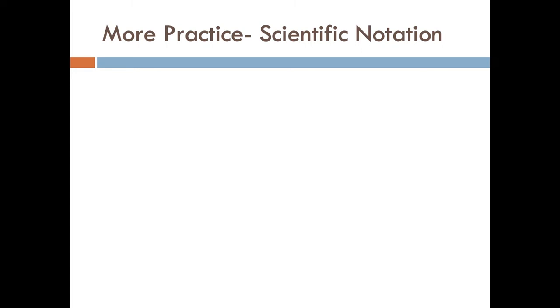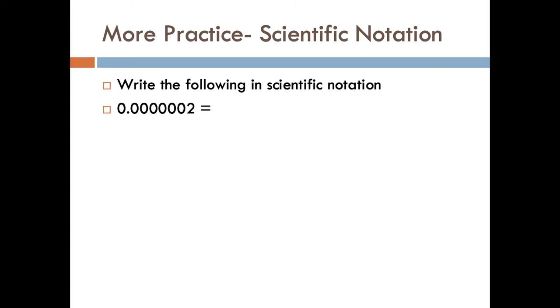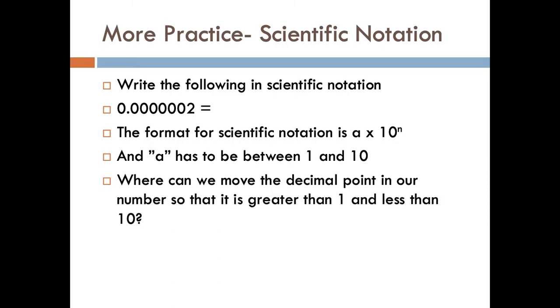And here's another scientific notation problem. Write the following in scientific notation. Now, this is a really small number, lower than 1. So we're going to have a negative exponent here. The format for scientific notation, remember, is a times 10 to the nth, and a has to be between 1 and 10. So where can we move the decimal point so that the number is greater than 1 and less than 10? Well, the answer is after the 2.